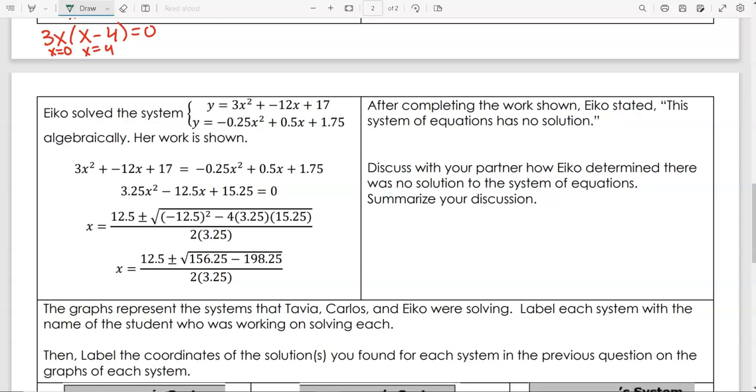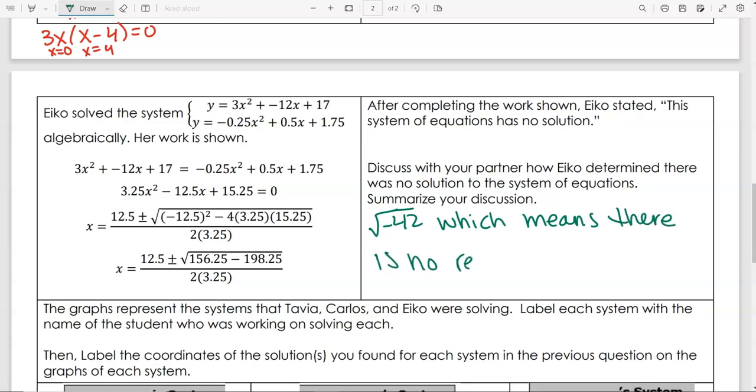So Eco realized it was going to be square root of negative 42, which means there is no real solution, because we're in Algebra 2, right? There is a solution. It's just not real. But for the sake of our systems, we're focusing on the real ones.